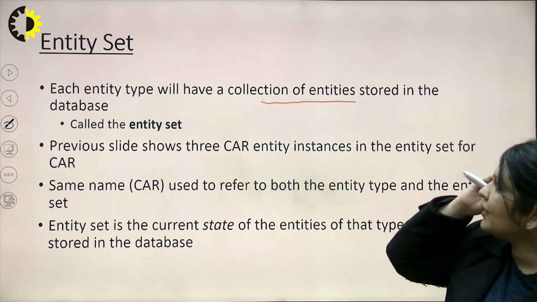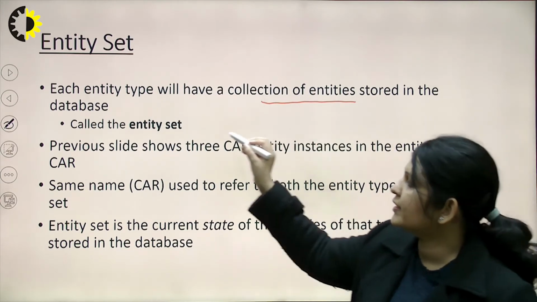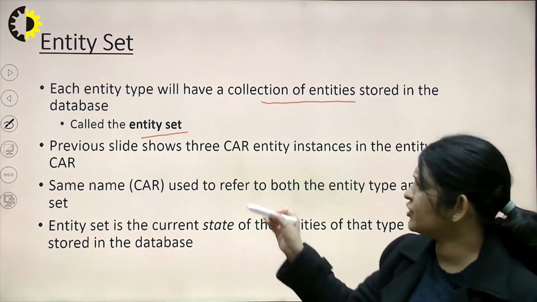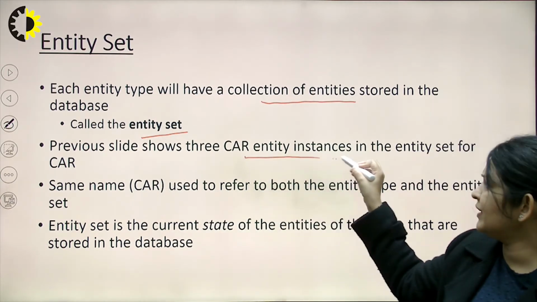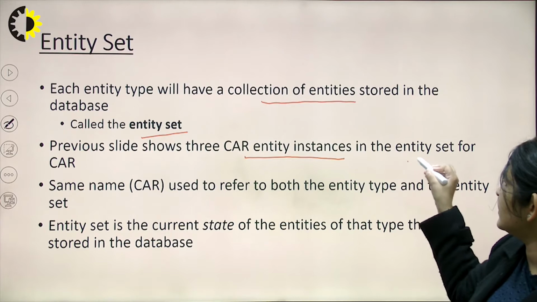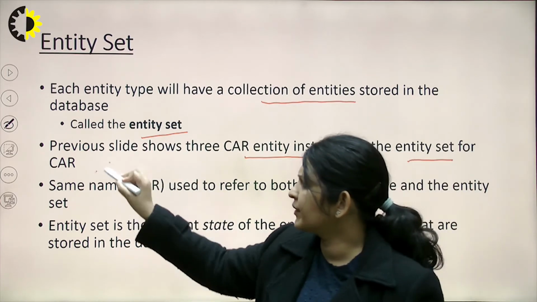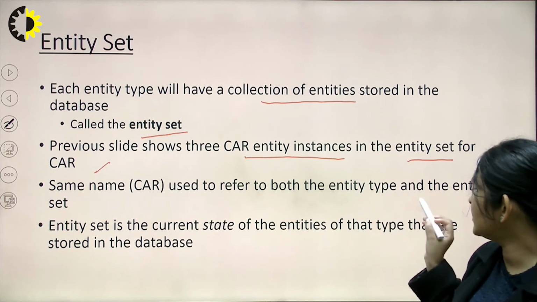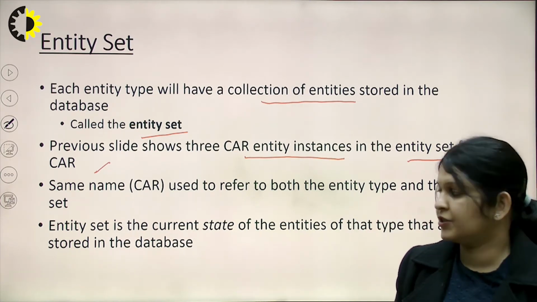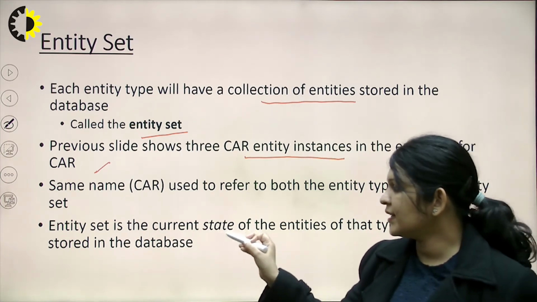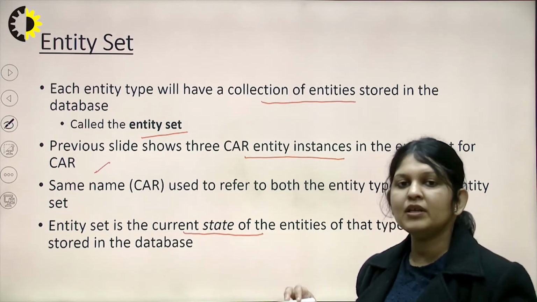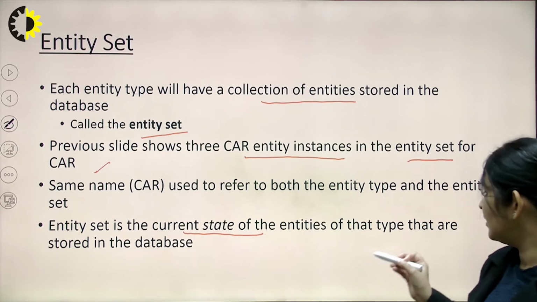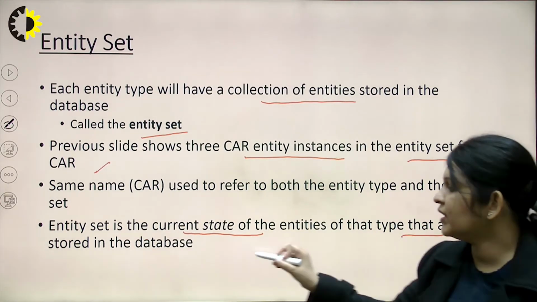So this whole collection of entities stored in the database is called the entity set. The previous slide shows 3 of the car entity instances in the entity set for the car. The same name, car, is used to refer to both the entity type and the entity set. So the entity set is the current state: at present, how many entities there are within a particular set of that type which is stored in the database.